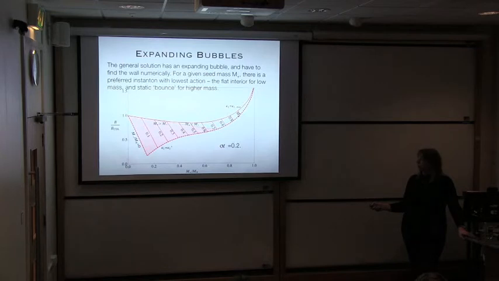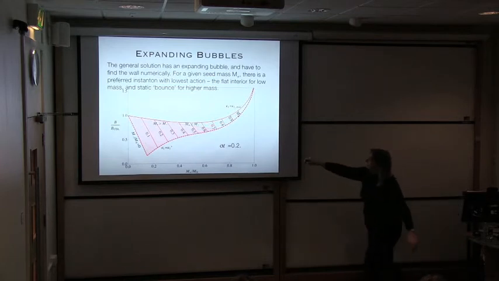So if I can try and illustrate here, this lower boundary is the static solution. The upper boundary is another limiting process. It's really just looking at parameter space and seeing when the solutions disappear. This line here is where you get rid of the black hole, and then these lines are all where the interior has a black hole.